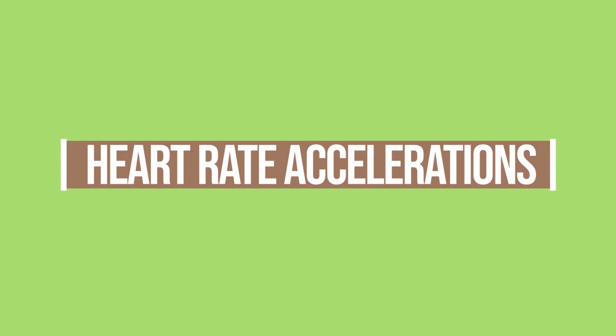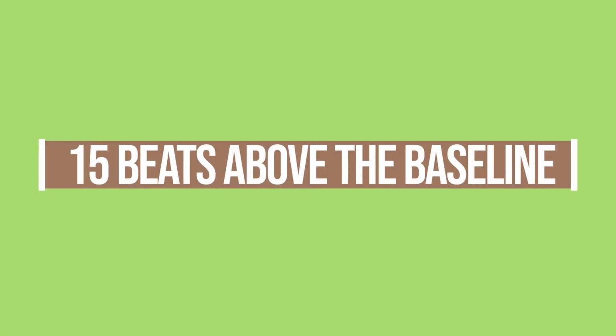The third variable is my baby's heart rate accelerations. So when the baby moves, the heart rate should go up. And we should see two accelerations of the baby's heartbeat in a 20-minute period of time. And that heart rate acceleration should be at least 15 beats above baseline.